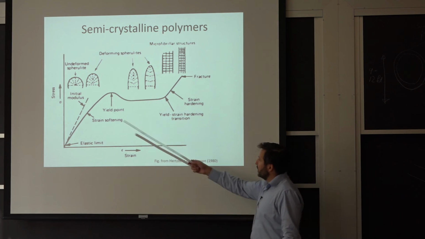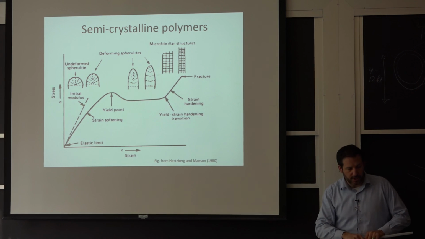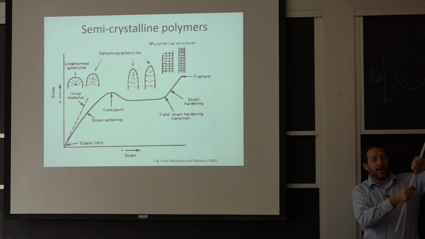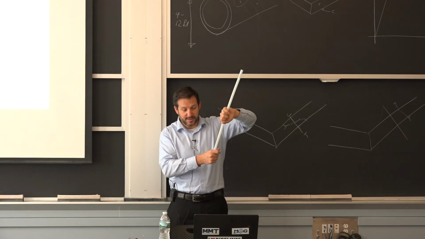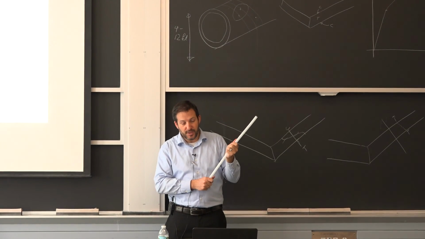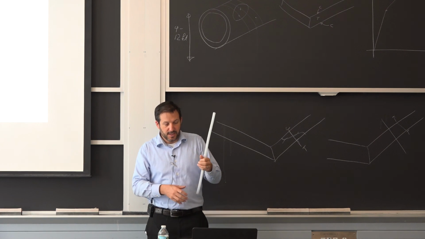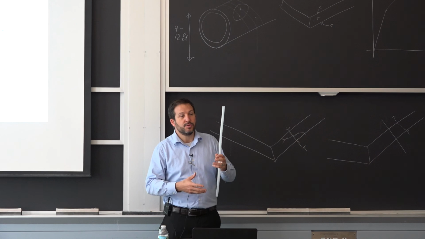You go from this spherulite structure to a microfibril structure where all these crystal nodes are aligned, and it's a fairly permanent process. And you get your strength by forcing all these amorphous zones to now be kind of on the side as opposed to part of the system.